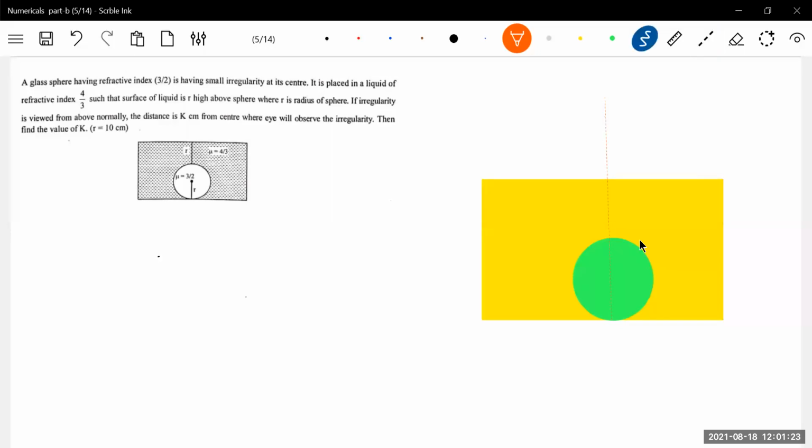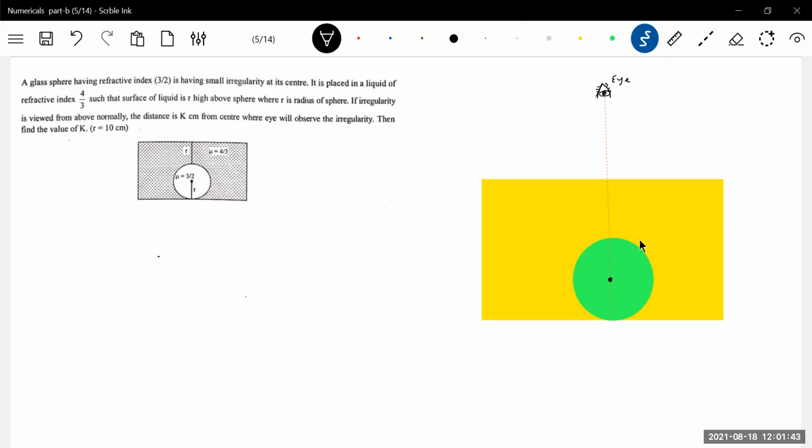So somewhere here is where the eye is located. It is going to view that irregularity, this particular thing.